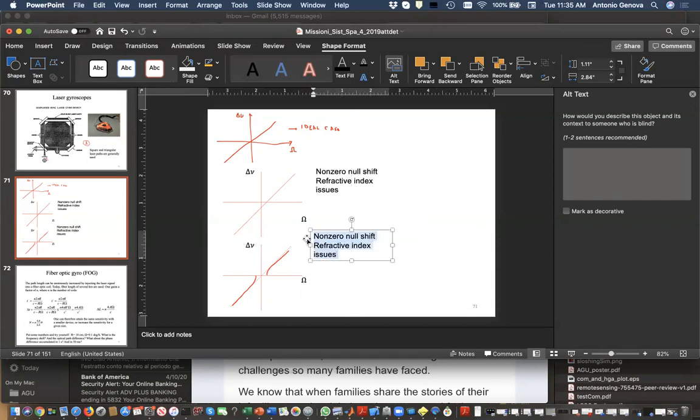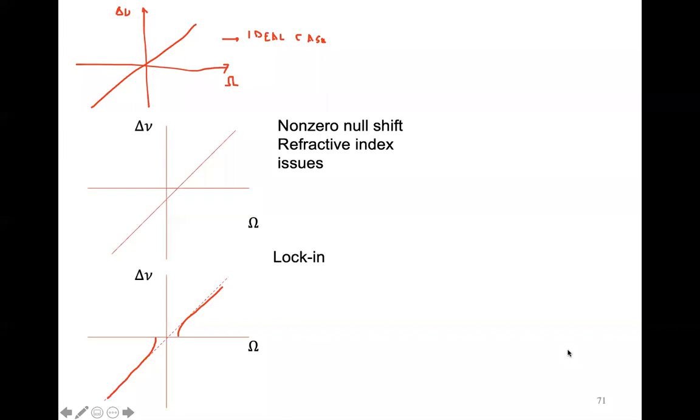This is called lock-in problem, lock-in issue, or frequency locking. What happens here is that basically the two counter-propagating beams are going to lock in a way that although the detector is moving with a certain omega, the two beams tend to be at the same frequency at the detector.